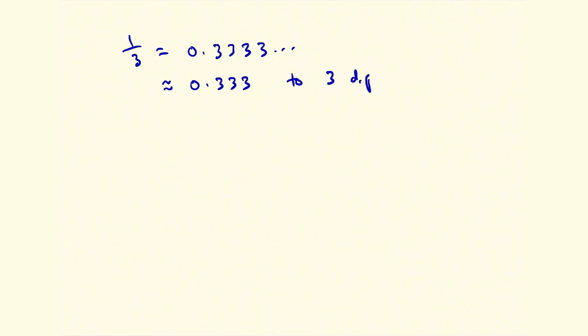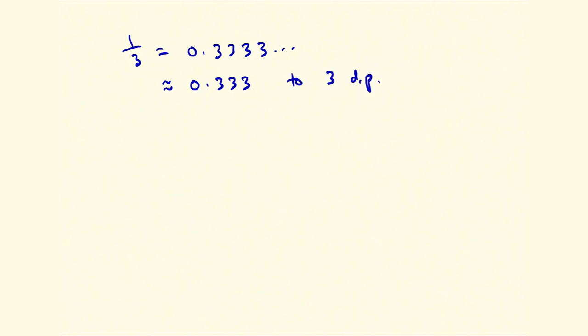For example, a third as an abstract real number is 0.3 repeated. But if I decide to truncate, if I just read the first 3 decimal places, I get 0.333. So instead of equals, I've actually got approximately equal. A third is approximately equal to 0.333 to 3 decimal places.